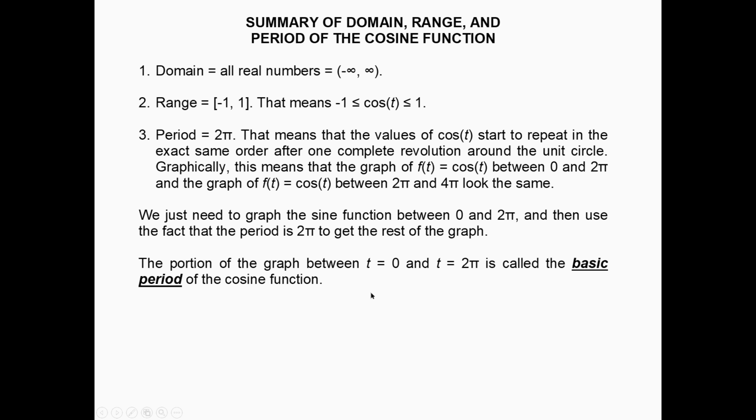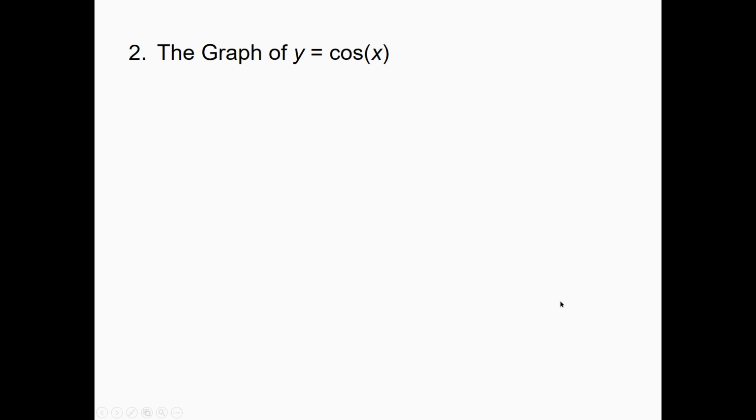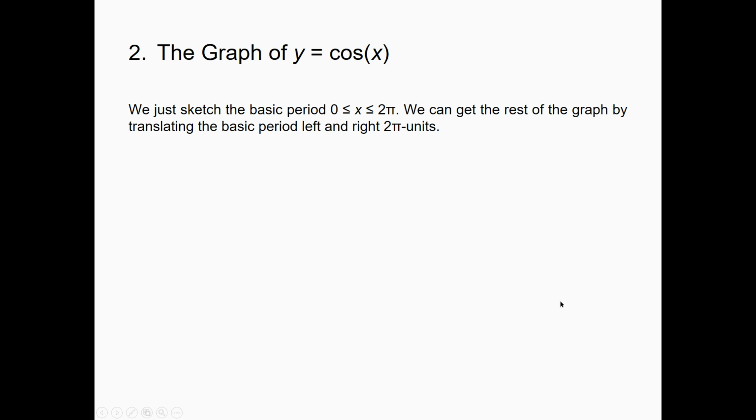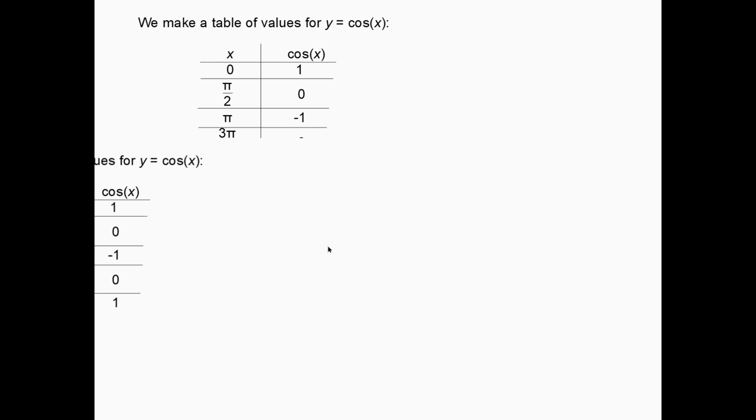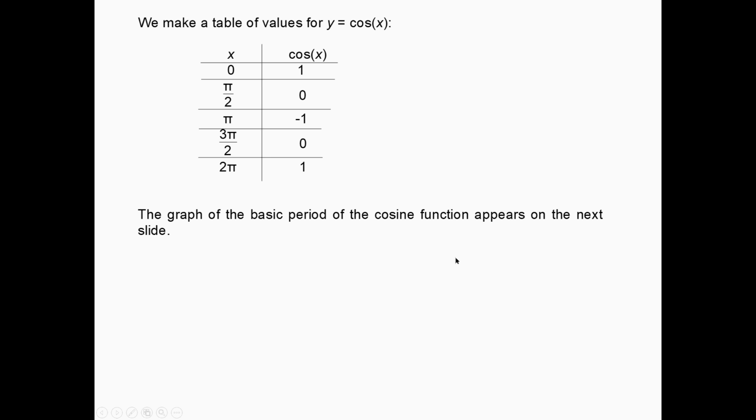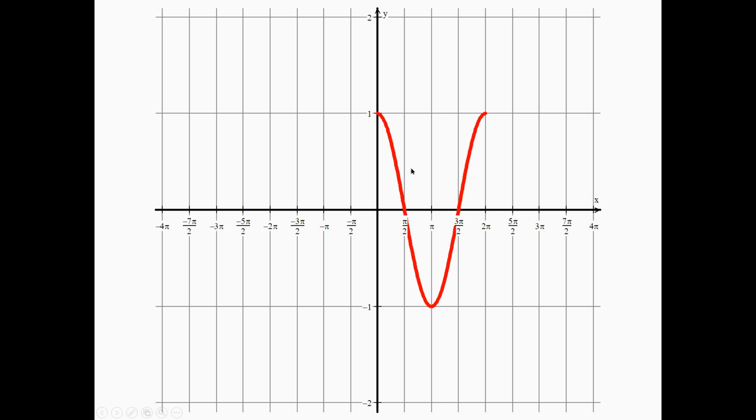So the portion of the graph between t equals 0 and t equals 2 pi is called the basic period. And here's the graph. So I'm going to graph it from 0 to 2 pi. So here is my table of values. Again, these are the special arc lengths, 0, pi over 2, pi, 3 pi over 2, and 2 pi. These values should look vaguely familiar from the sine. You're saying, that looks weird.